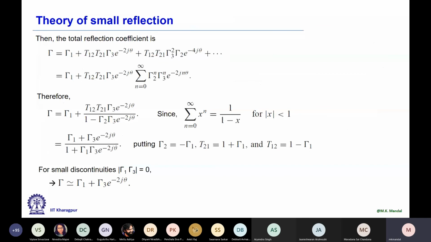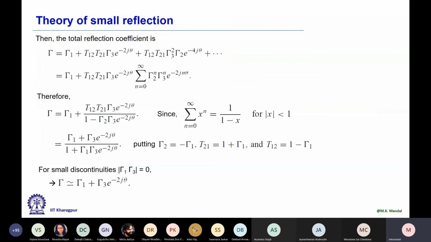So it is the overall effect because of gamma 1, then T12 overall effect. As it keeps on going, it keeps on decreasing, and finally it becomes 0. So then what about the overall reflection coefficient?